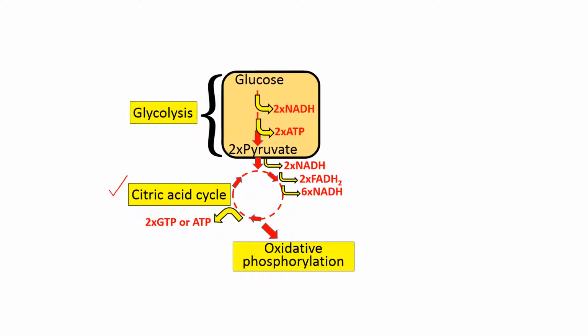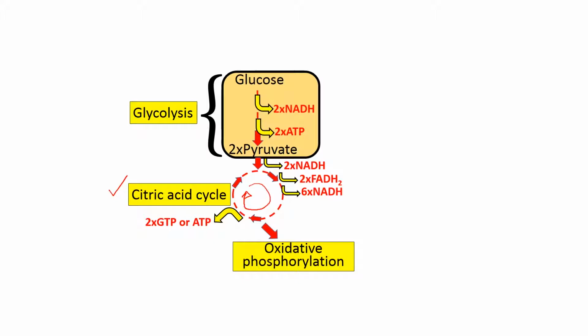Now, these processes occur in the presence of oxygen, as I mentioned. No oxygen is consumed in the citric acid cycle, but you'll see that oxygen is consumed later during oxidative phosphorylation, which works in conjunction with the citric acid cycle.